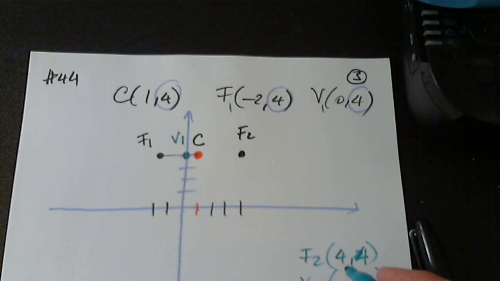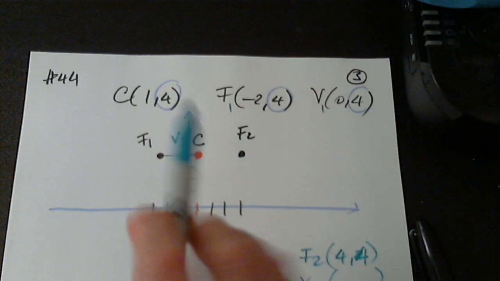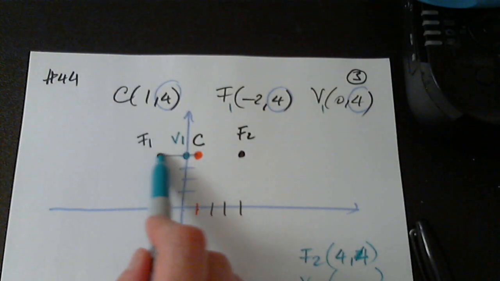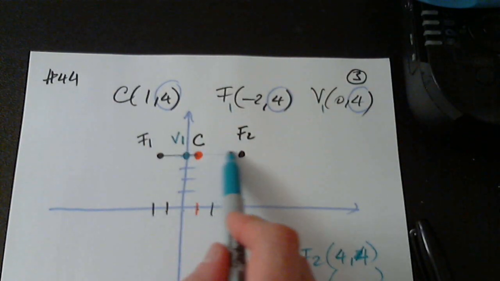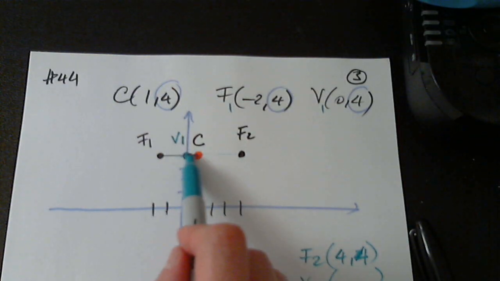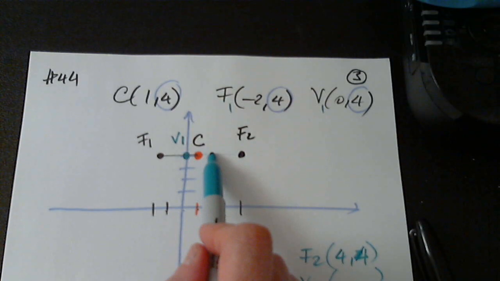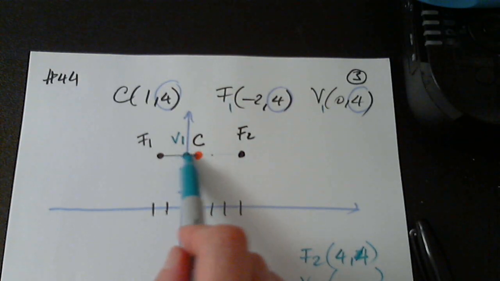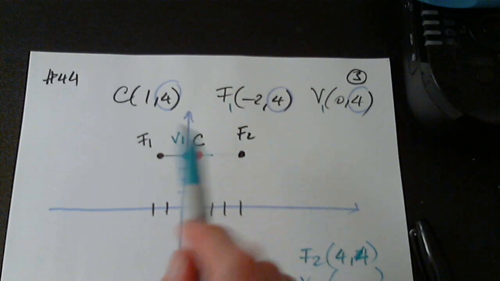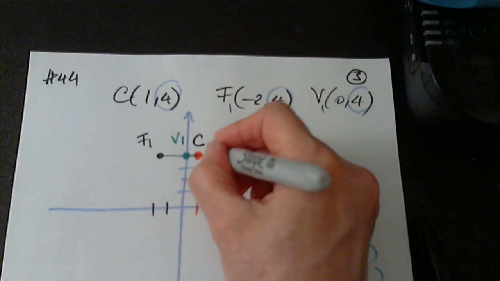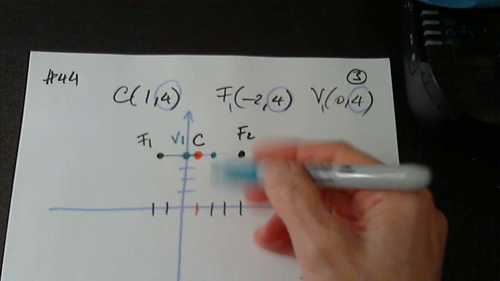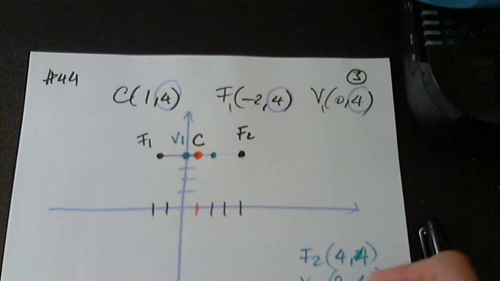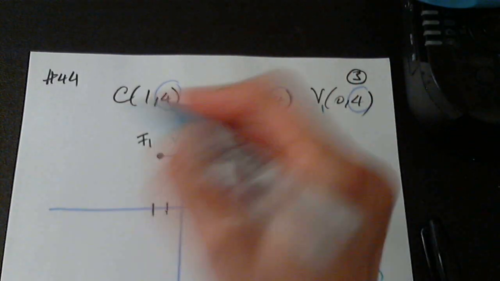Would it be 0, -4? So careful. This is 3 units, this is 3 units, and this is 1 unit. V2 has to be on the other side of the center, and if this is 1 unit, this has to be also 1 unit. So it's right here at 2 comma 4.